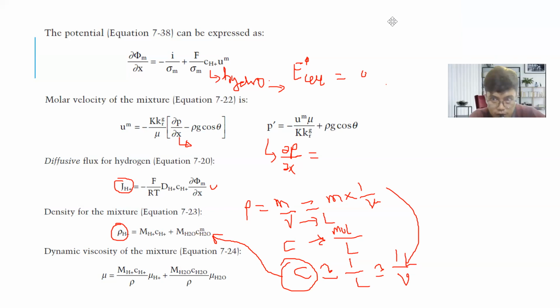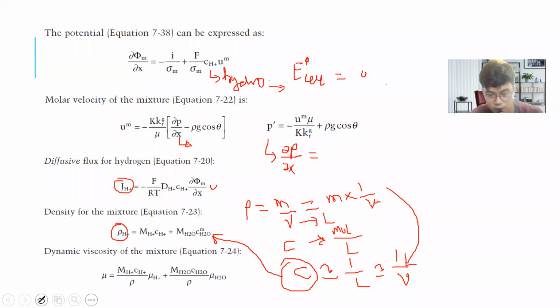And then the next one is the dynamic viscosity of the mixture, the same as the density of the mixture. The viscosity of the mixture combines both the hydrogen and water.